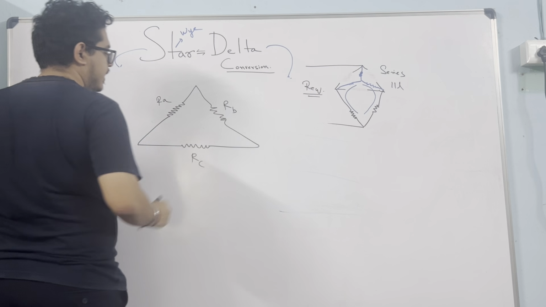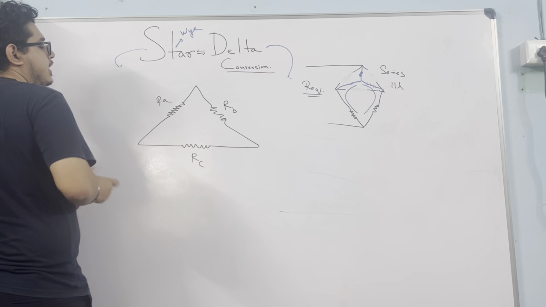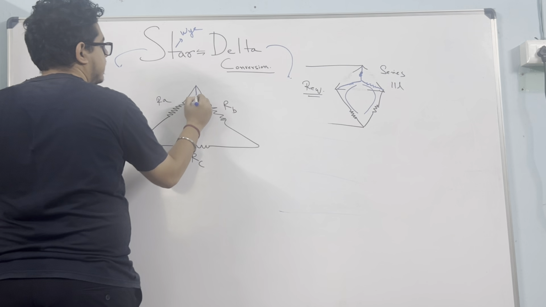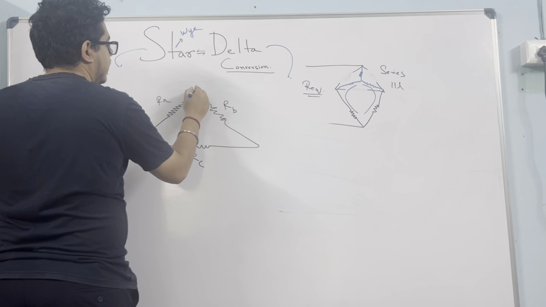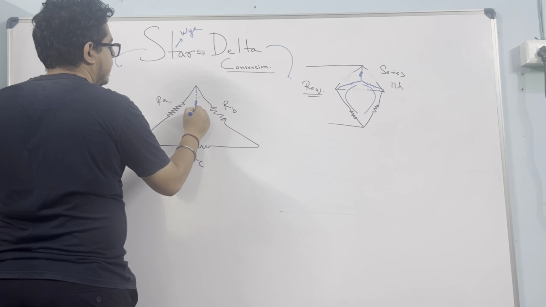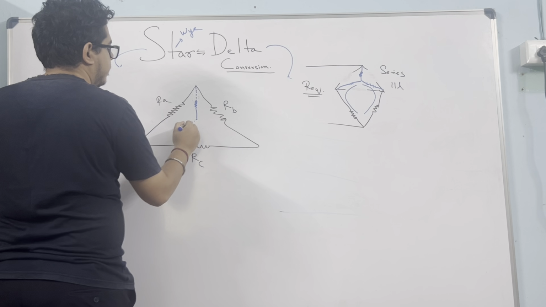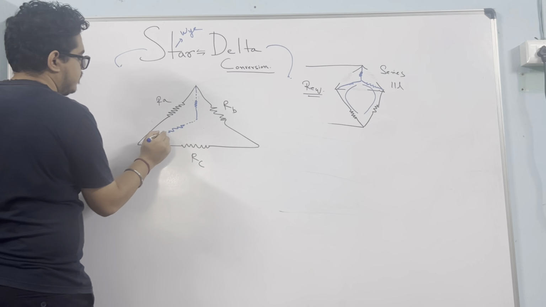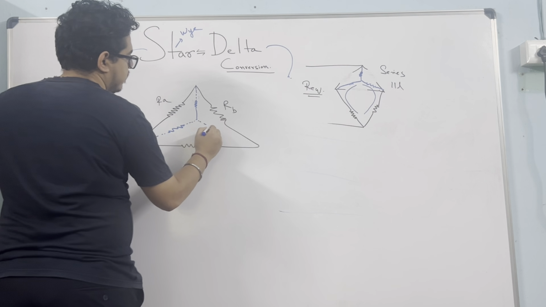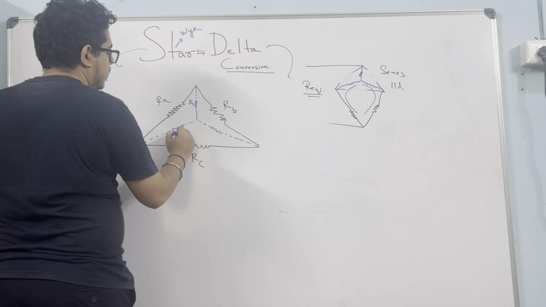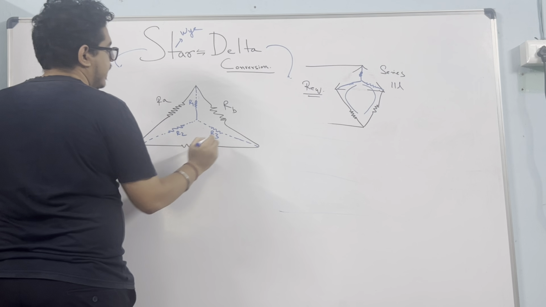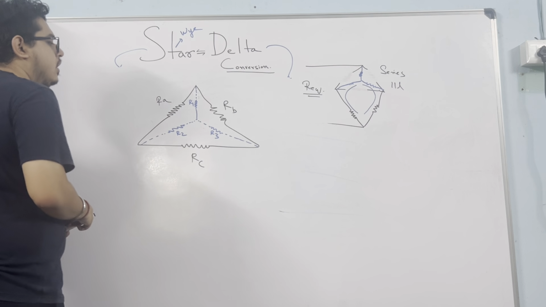I want to convert it into a star or Y connection, like this. Let me make it a little bit dotted, let it be imaginary. I want to know R1, R2 and R3. Here RA, RB, RC are known to me.